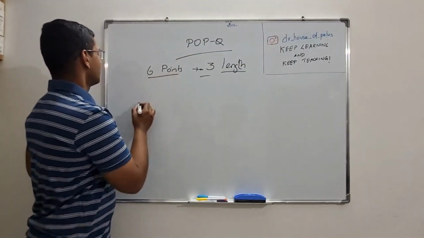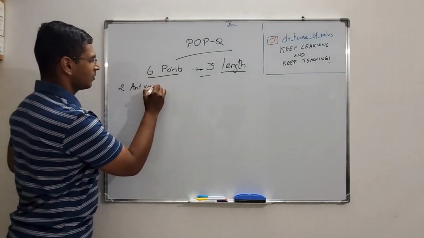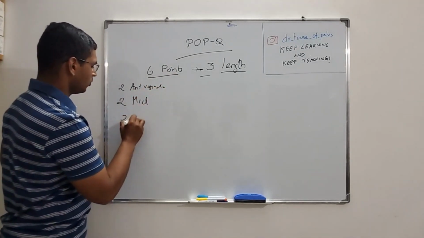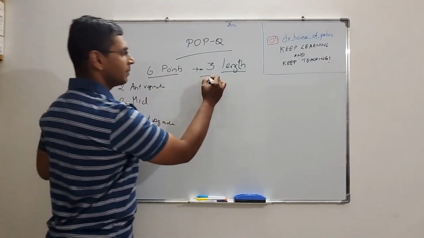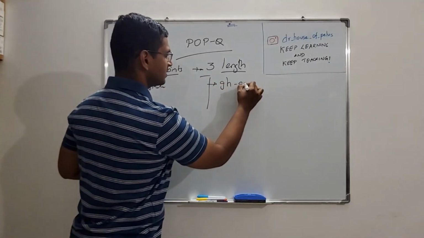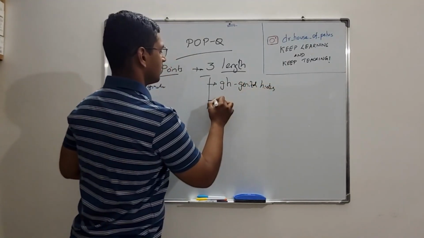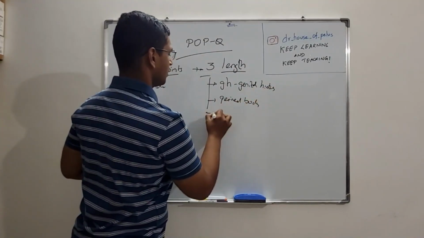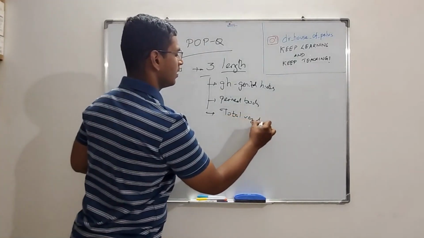The 6 points are 2 points in the anterior vaginal wall, 2 points in the midpoint, and 2 in the posterior vaginal wall. And the 3 lengths are genital hiatus, perineal body, and total vaginal length.